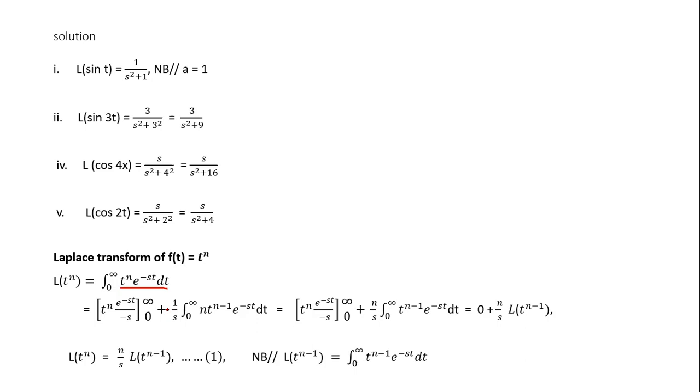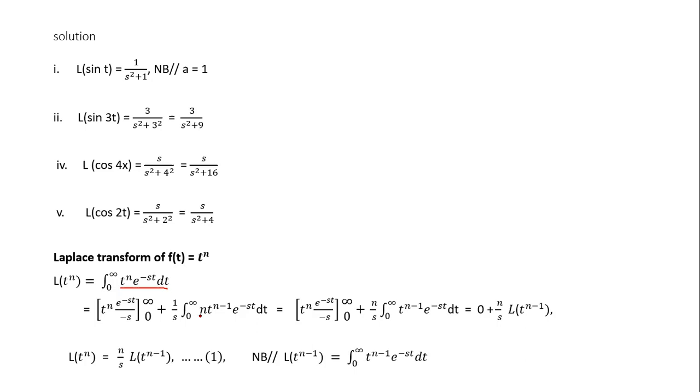That will give us 1 over s, integral from 0 to infinity of n t power n minus 1 exponential negative st dt.